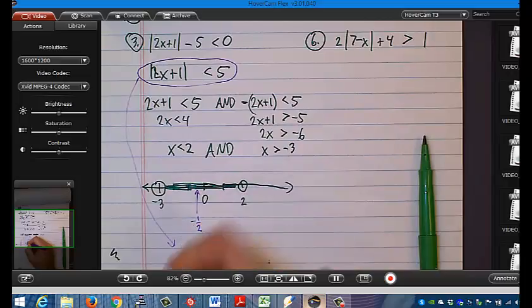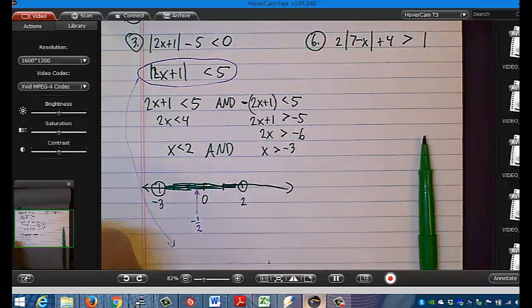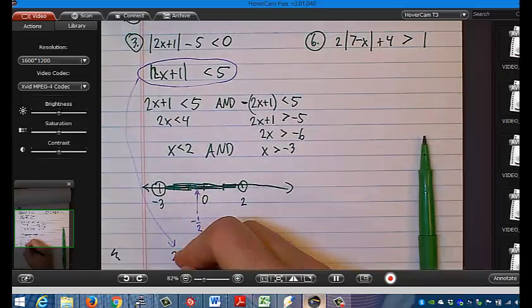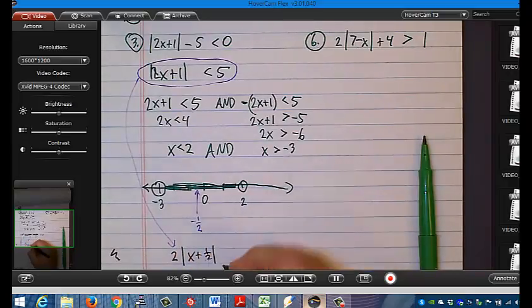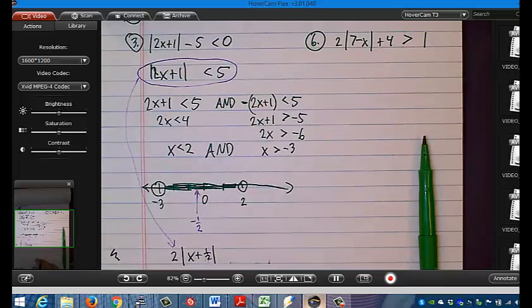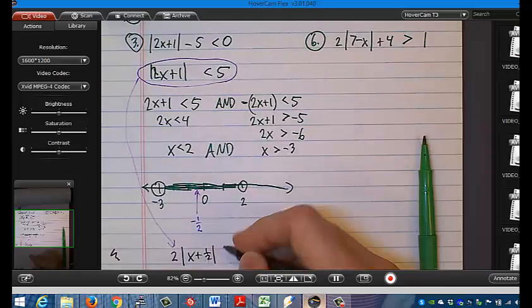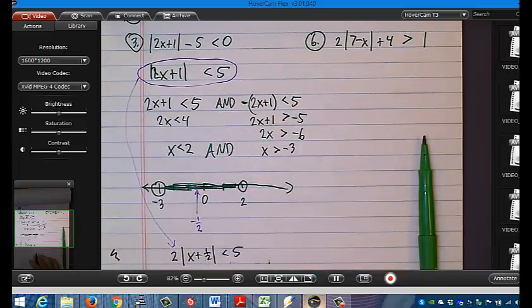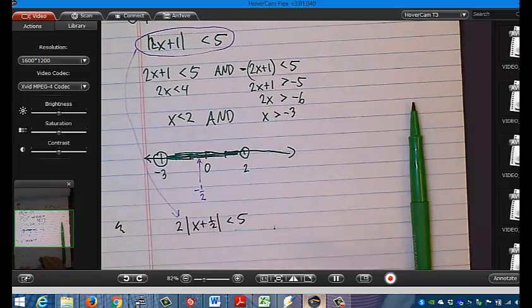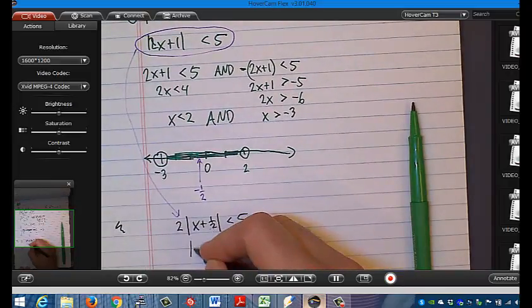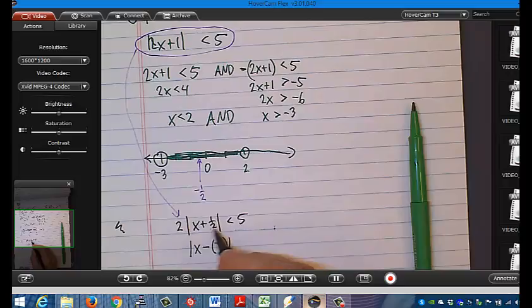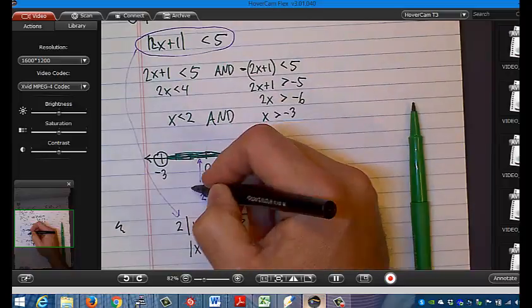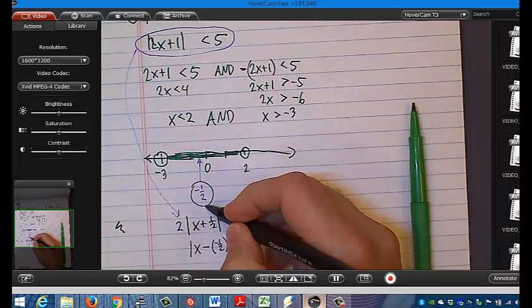You might have to write 2 times the absolute value of x plus 1/2, factor out a 2, is less than 5. And so you get absolute value of x minus negative 1/2. That's another way to write x plus 1/2, and it makes the negative 1/2 show up here.